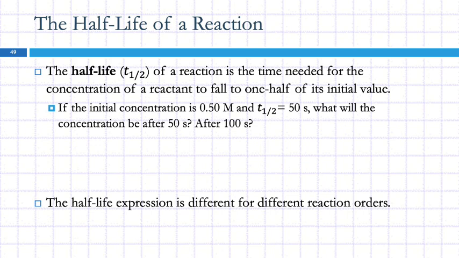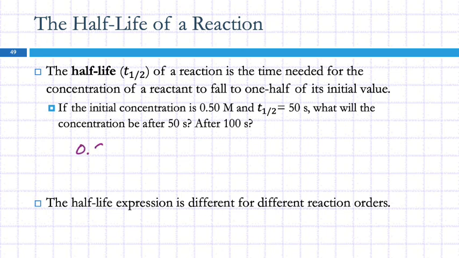No, it's halved again. So 1 half-life, cut it in half. Second half-life, cut it in half again, right? So now it's 1/4. So it keeps getting smaller and smaller, but that isn't linear. So if the initial concentration is 0.5 molar and t 1/2 is 50 seconds, what's the concentration after 50 seconds? 1 half-life, right?